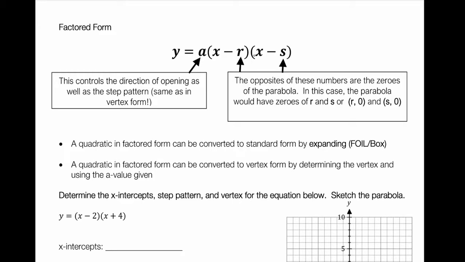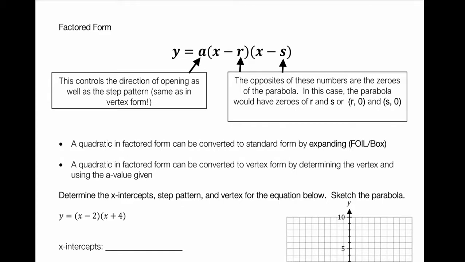Again, remember the key thing is when we're looking inside brackets with quadratics and we're trying to get information from it, we're taking the opposite number. So if it appears as negative, it's actually positive. If it appears as positive, it's actually negative.